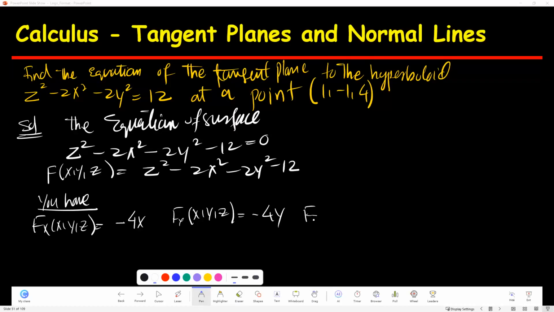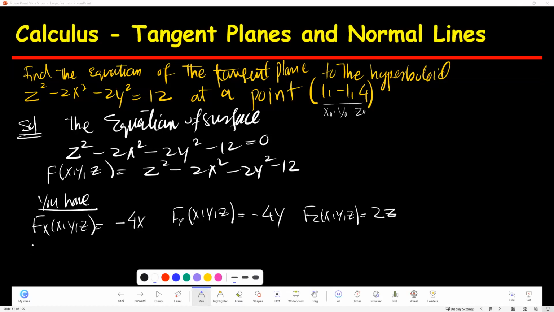Same thing, if I take the derivative with respect to z, the answer would be 2z. Okay. Before substituting, I'm going to add in the point, which is this point, and this is my x naught, y naught, z naught.